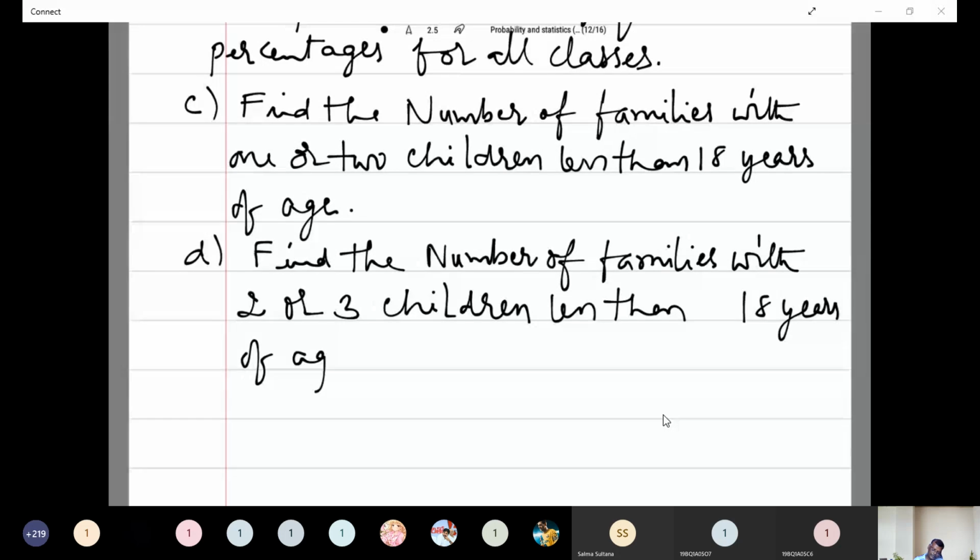E. Draw the bar graph for the frequency distribution.